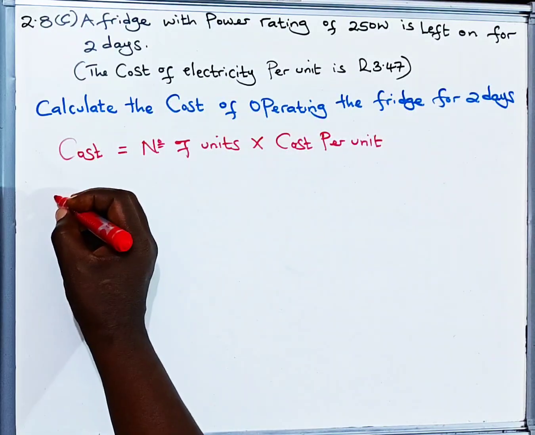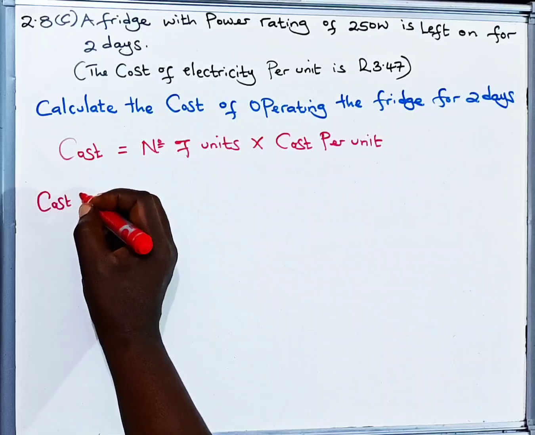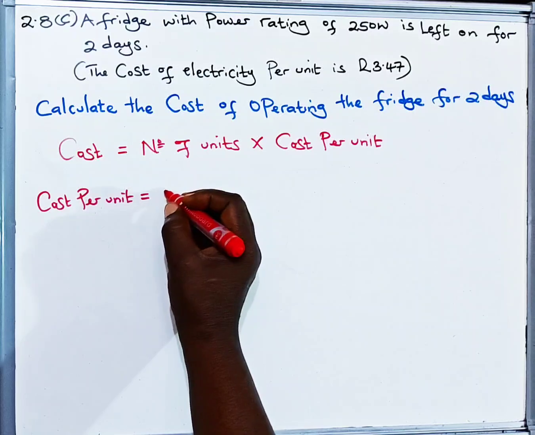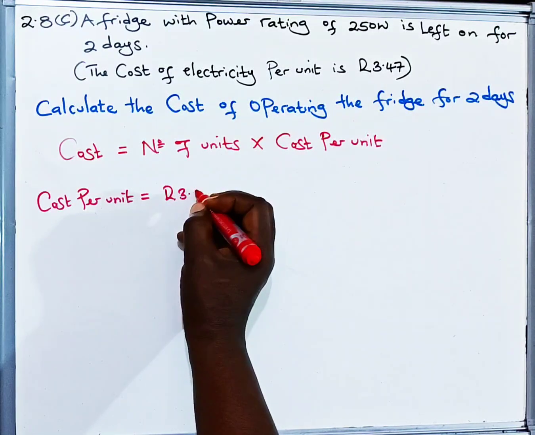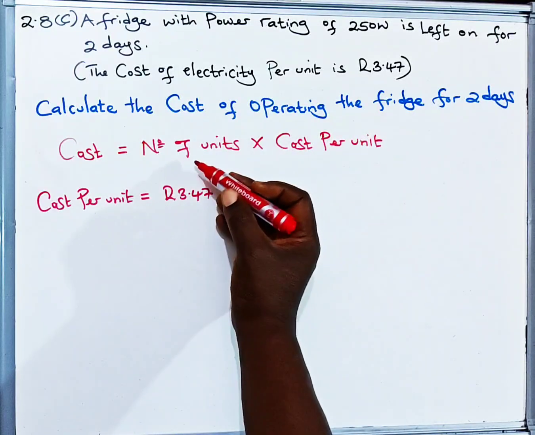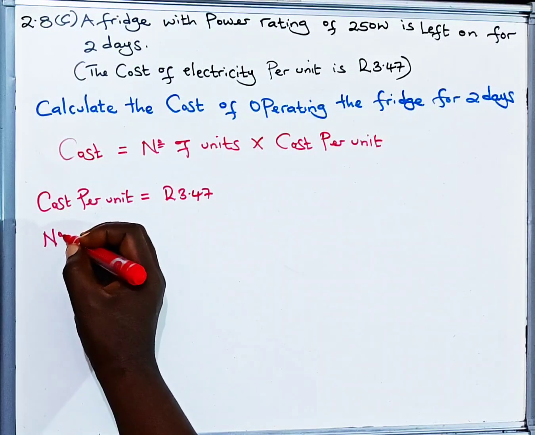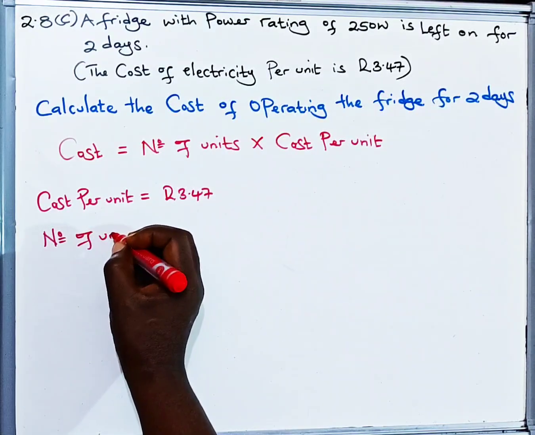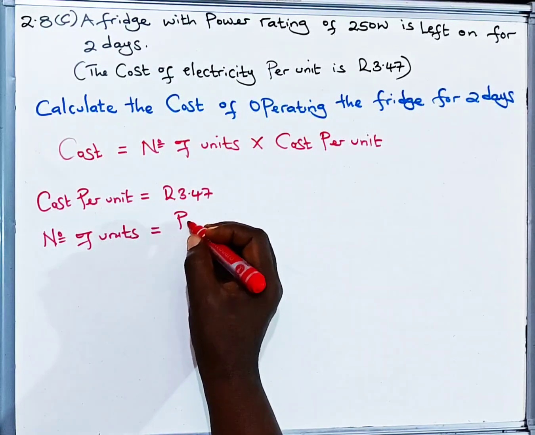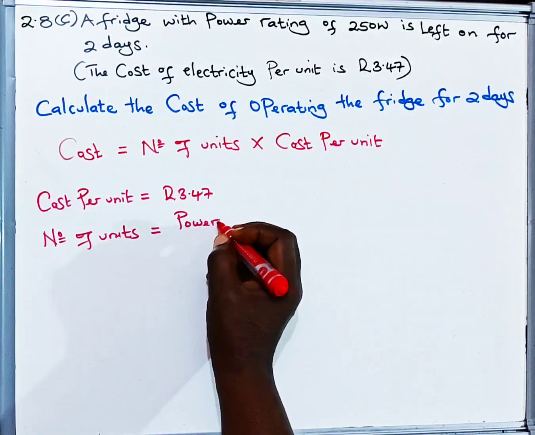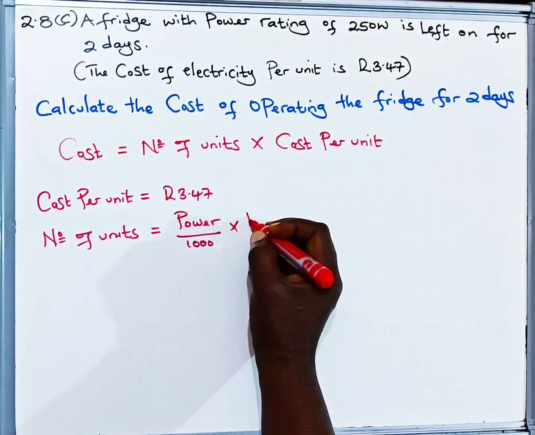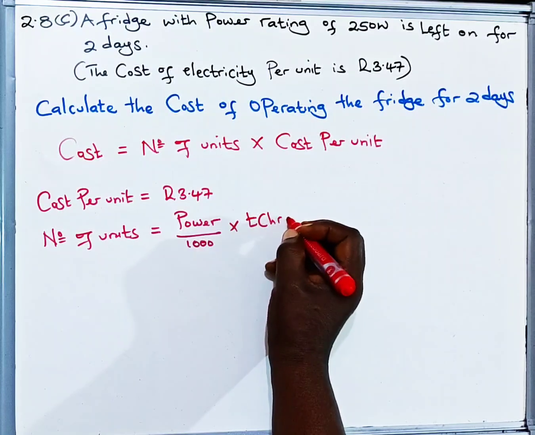So, we know cost per unit. Cost per unit is 3 rand 47 cent. Our problem is number of units, but we have to know that number of units is equal to power over 1000 times time, but the time has to be in hours.